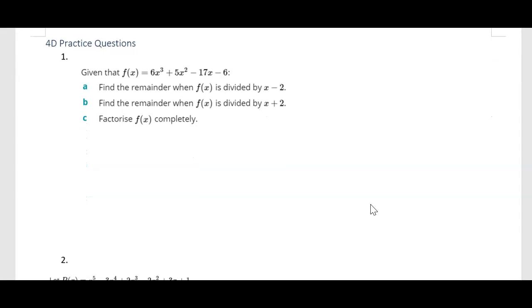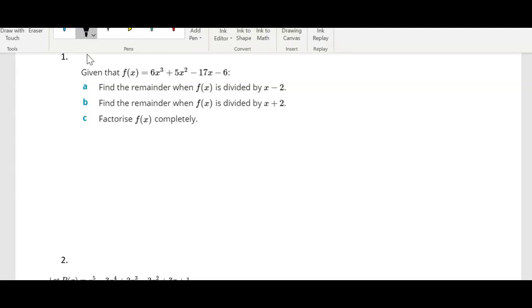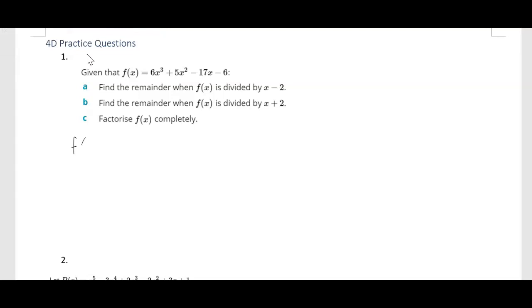All right, find my pen. Given that f of x equals 6x cubed plus 5x squared minus 17x minus 6, find the remainder when f of x is divided by x minus 2. So I'm just going to get my pen up. I had my highlighter in. That means if we're dividing by x minus 2, then I'm going to substitute in.